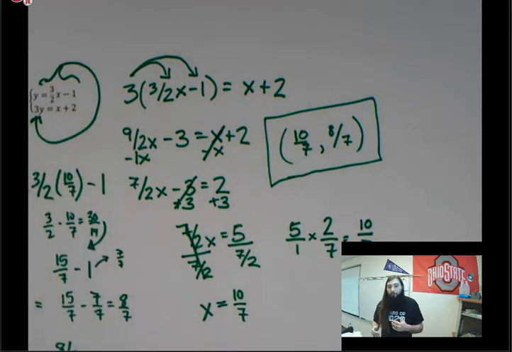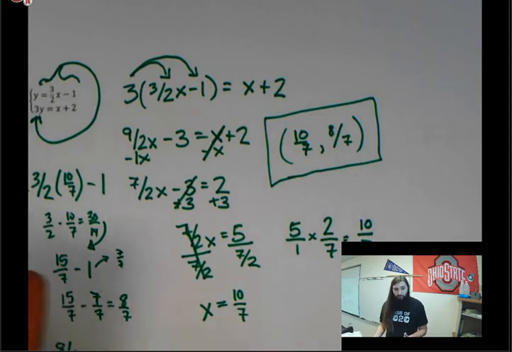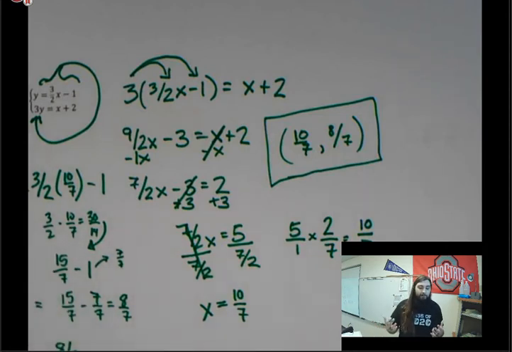So we need to have another way of solving than using graphing, which we did here with substitution. But it still needs to represent a point that would be on a coordinate plane if we were to graph it. So that's what our solution is: 10 sevenths, comma, 8 sevenths.